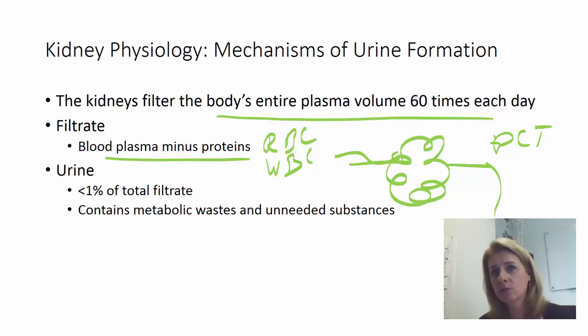So the actual urine has been processed and most of the water taken back, so you really only get rid of less than 1% of what is filtered every day. In that urine, you're going to have your metabolic waste and anything that's not needed. That can be excess water, excess ions, or other metabolic waste like urea and things like that as well.